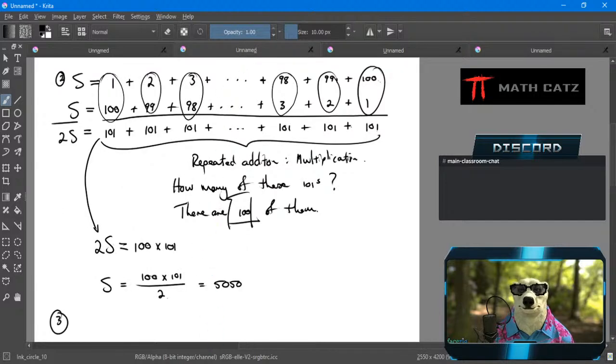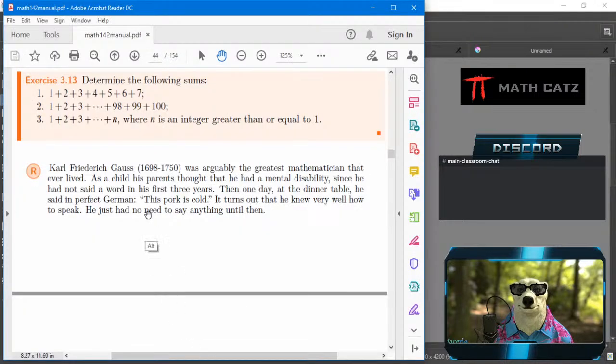Now we'll go on to number 3, where we have 1, 2, 3, and so on, so an obvious sequence to start with, but we don't specify the end number. It might be 100, it might be 7. We leave it open to be represented by n, and it could be anything.